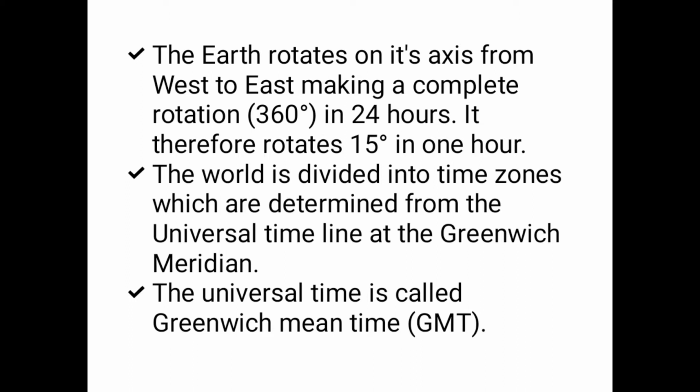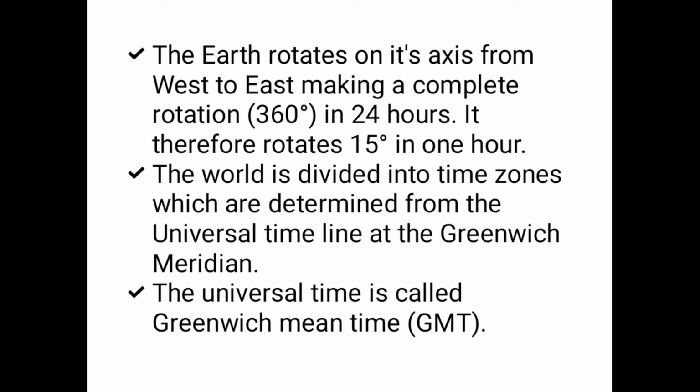That simply means that for it to be 360 in 24 hours, when it turns 15 degrees, it will turn 15 degrees in one hour. That is one thing you have to keep in mind.